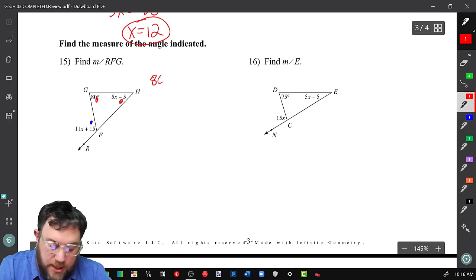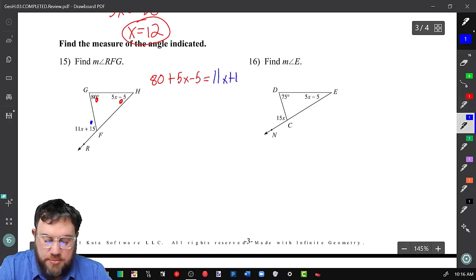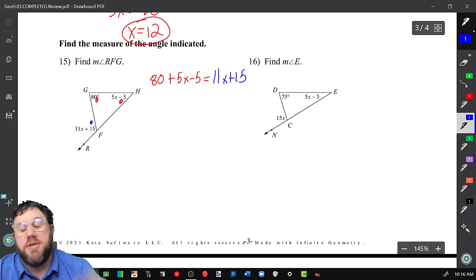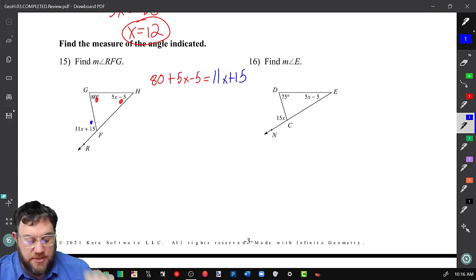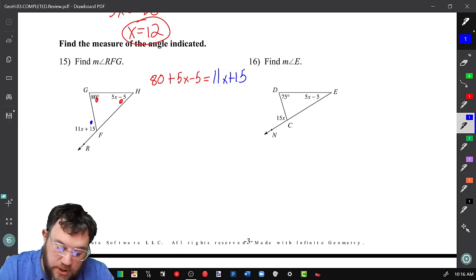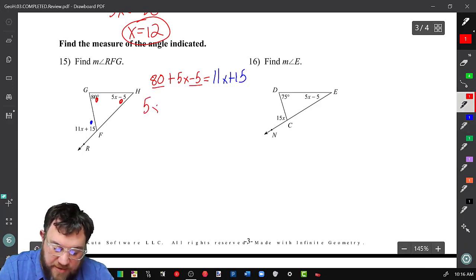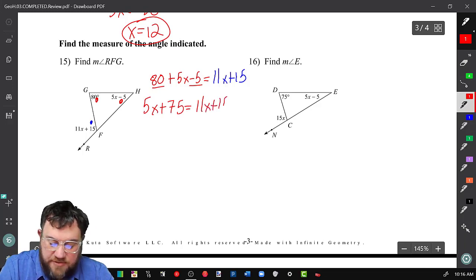So 80 plus 5x minus 5 equals 11x plus 15. So we can add those two inside angles to get the exterior angle. Combine like terms. So let's put these two together. That'll be 5x plus 75 equals 11x plus 15.